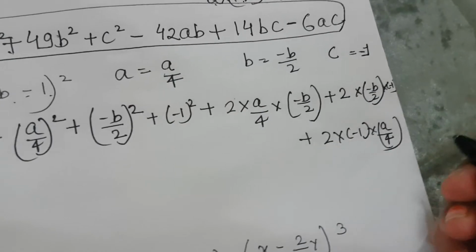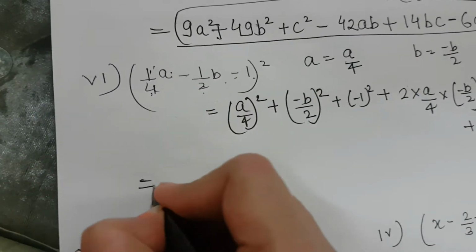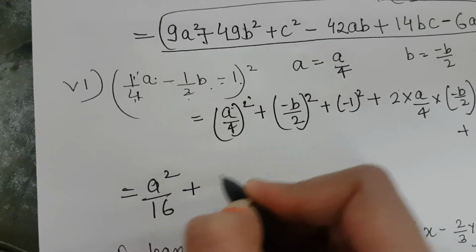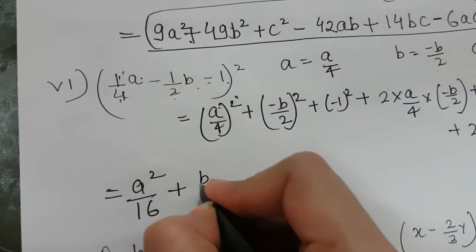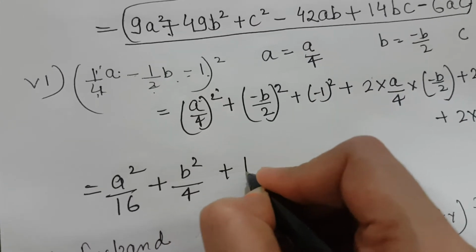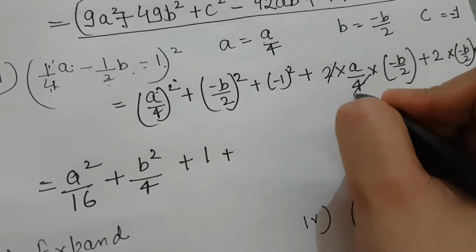We have put all the values. Now calculation. a square and 4 square is 16, plus minus b square, 2 square is 4, then plus 1. After that we can cut this.